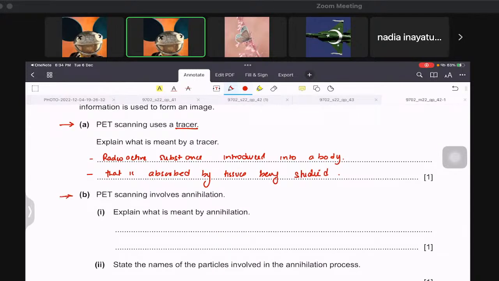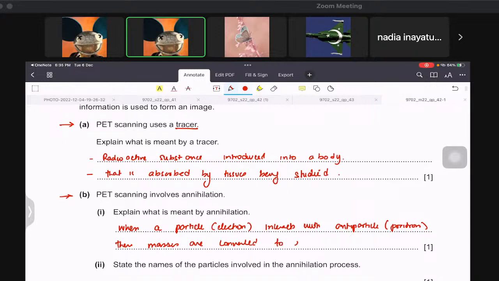Now, PET scanning involves annihilation. What is meant by annihilation? So, annihilation basically means when a particle like an electron interacts with an antiparticle like a positron, their masses are converted to energy, right?